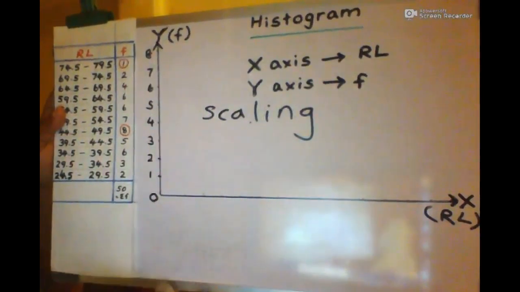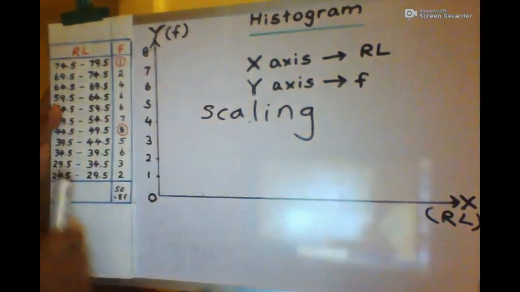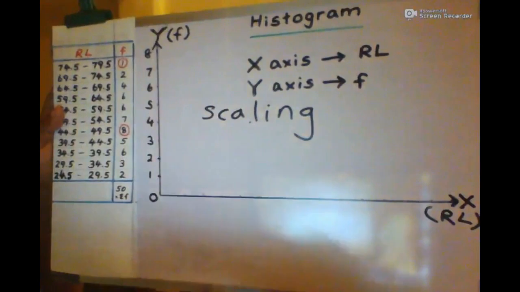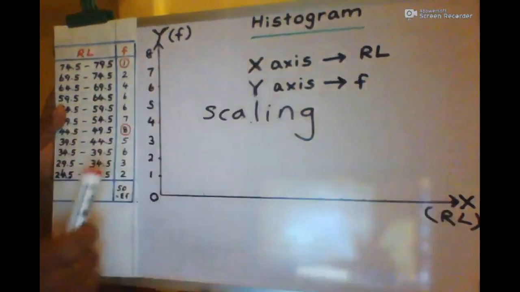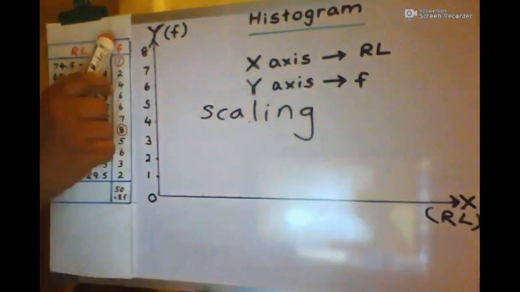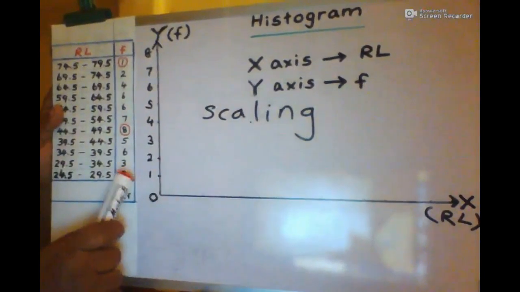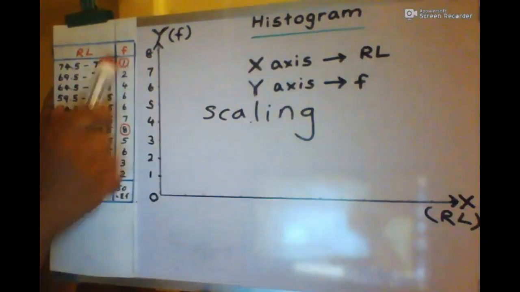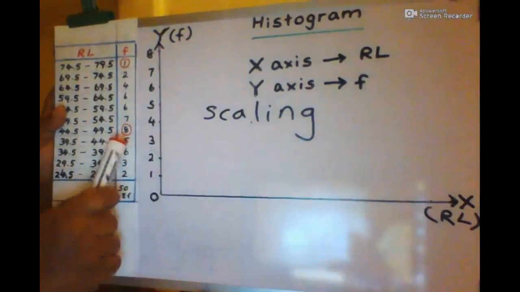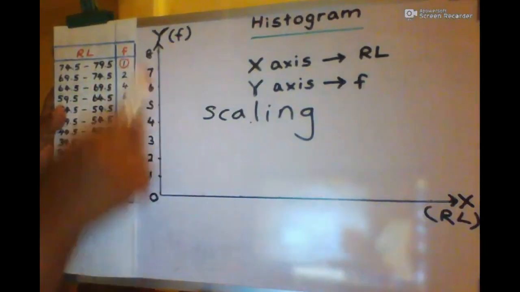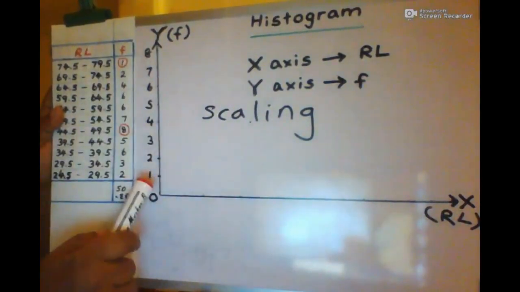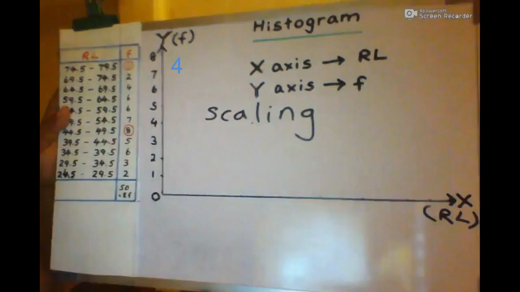Similarly, you have to scale the x-axis. When scaling the y-axis, what did you do? You found the lowest value and the highest value. Then you can decide the scaling of the axis.